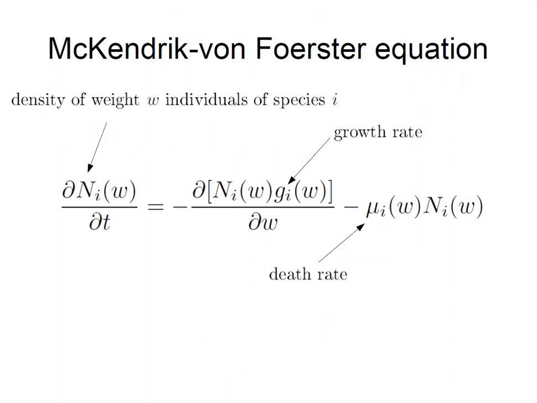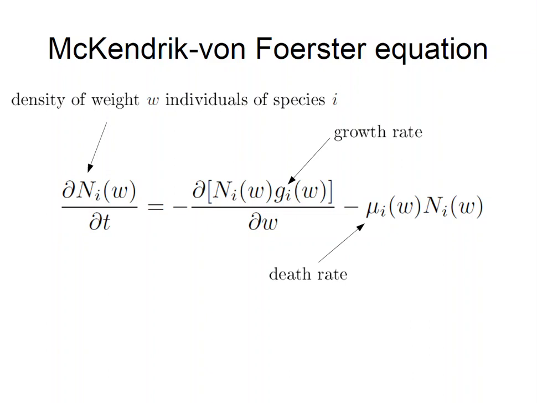Basically, thinking about that interaction and doing some maths, we can derive the McKendrick-von Foerster equation, which describes how the abundance of individuals at different weights and different times changes. And so this is a partial differential equation specifying a relationship between the rate of change of the abundance with weight and with time.